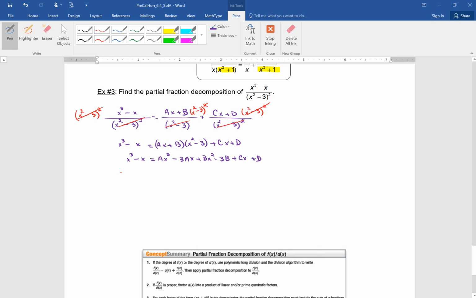Now what we're going to do is group by degrees. Don't freak out. The first one is the terms with x cubed, which we only have one, so it's just ax cubed.